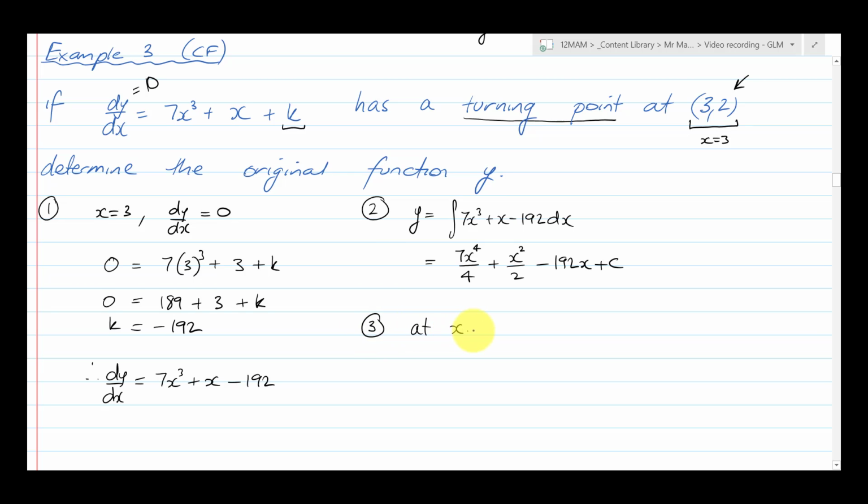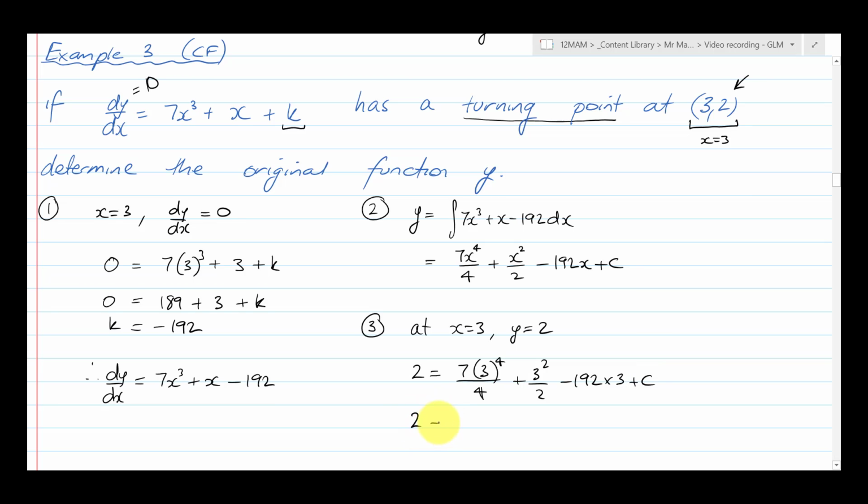At x equals 3, y equals 2, which gives us 2 is equal to 7 times 3 to the power of 4 over 4 plus 3 squared over 2 minus 192 times 3 plus c. And so I'll just evaluate that quickly: that is 7 times 81 divided by 4 plus 9 divided by 2 minus 192 times 3, and that comes out at negative 429 3/4.